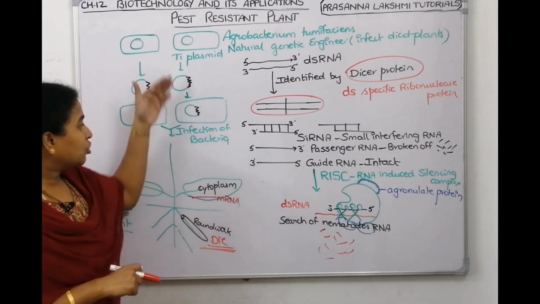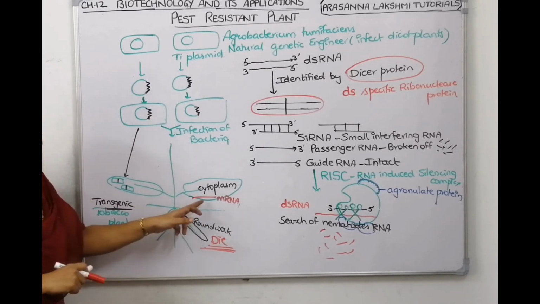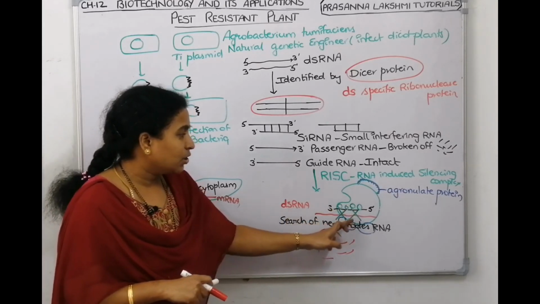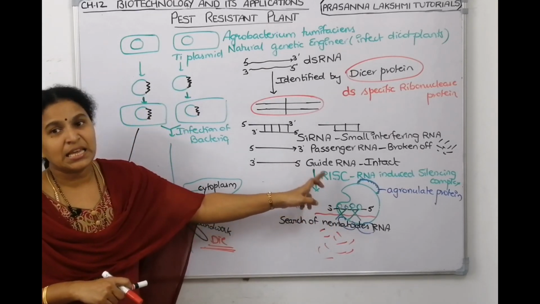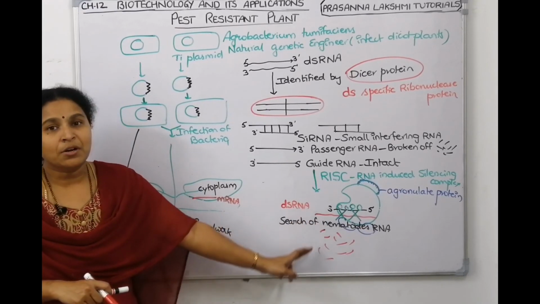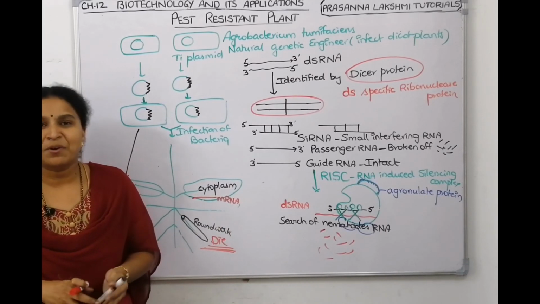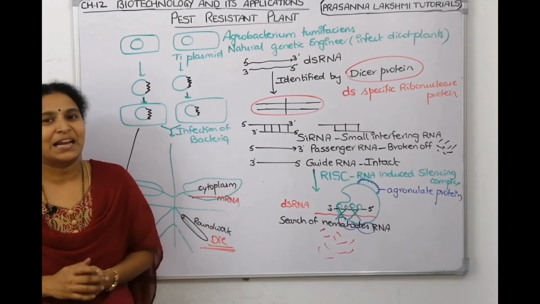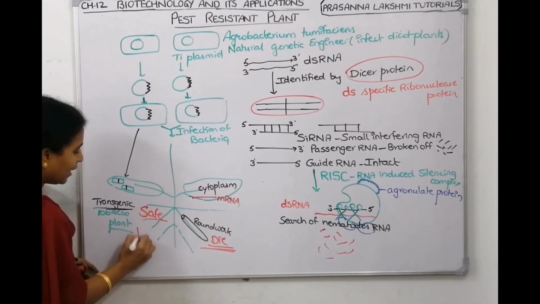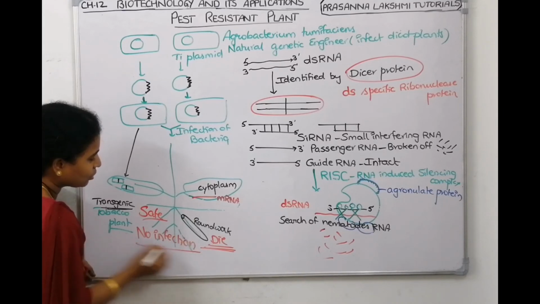If such a plant is infected with a roundworm and the roundworm makes the RNA, that RNA will bind to this, and this RISC and the guide RNA will cleave it off. If the nematode RNA is cleaved off, nematode cannot survive, right? It means it is dead. Means the plant is safe. The transgenic plant is safe. Infection or no infection? No infection also.